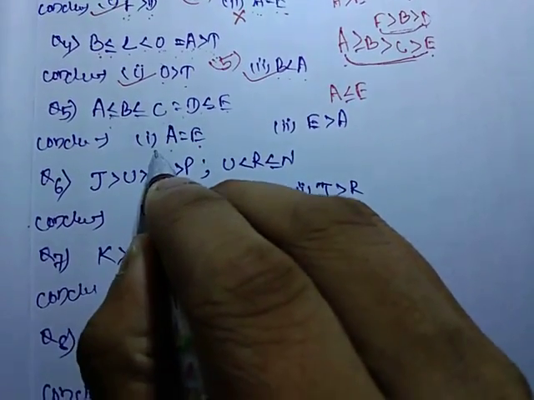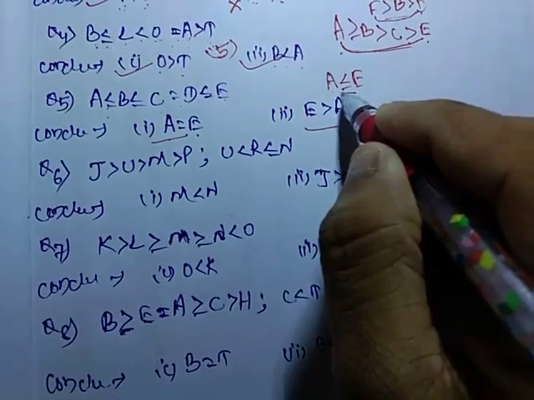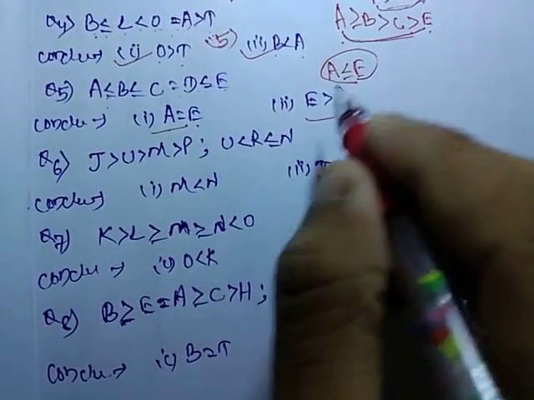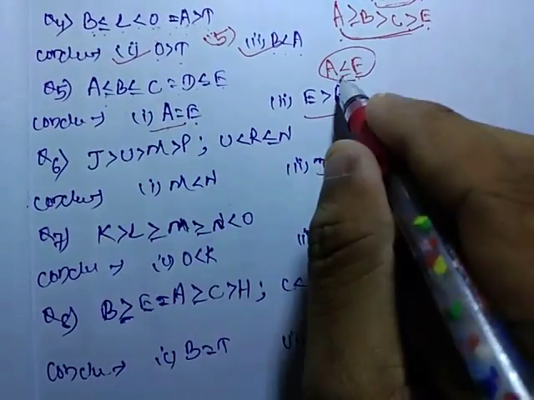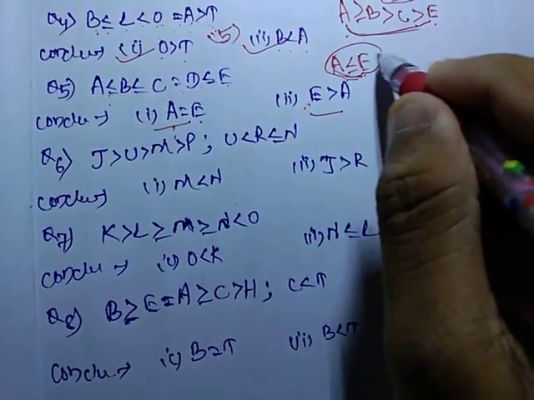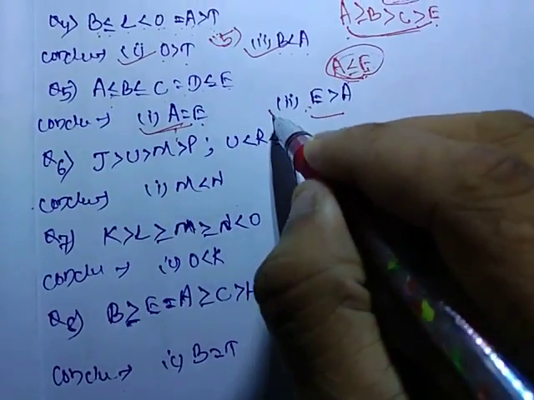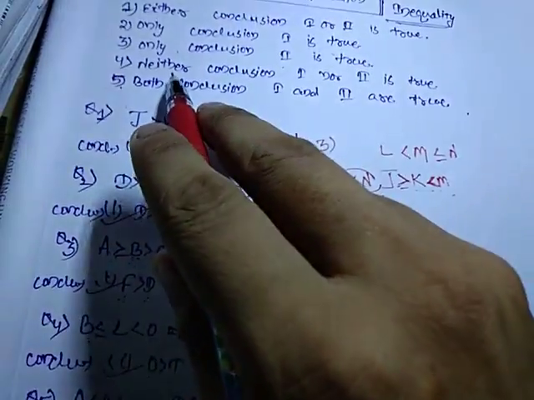But here given is a equals e, and here given is e is greater than a. That means this conclusion is true, and this conclusion is true, so either conclusion 1 or conclusion 2 is true. That means option number 1 is true.